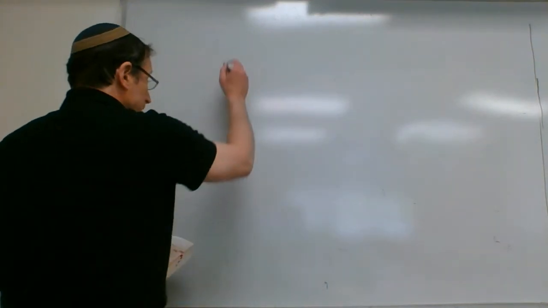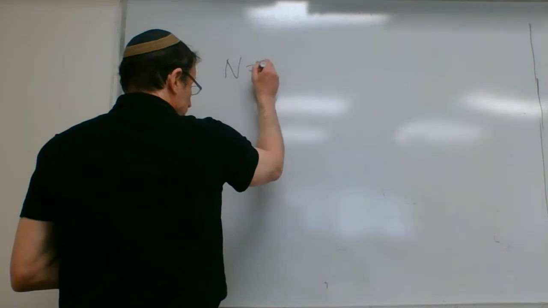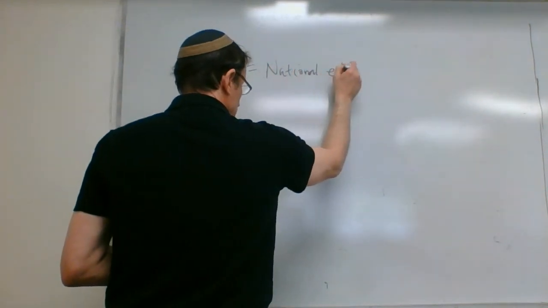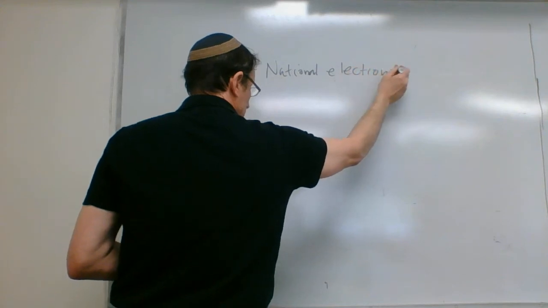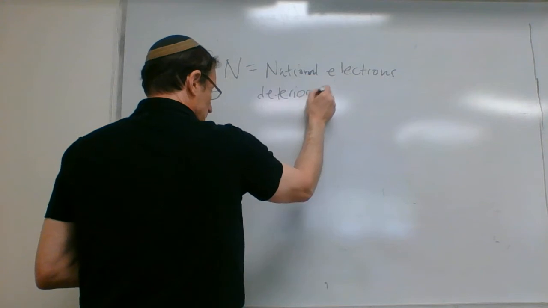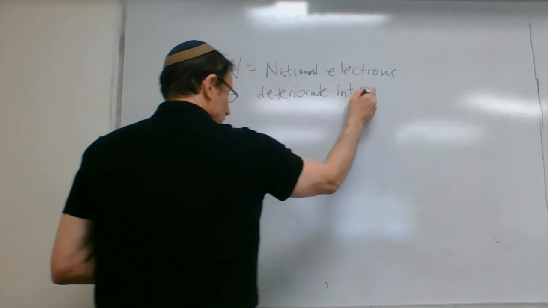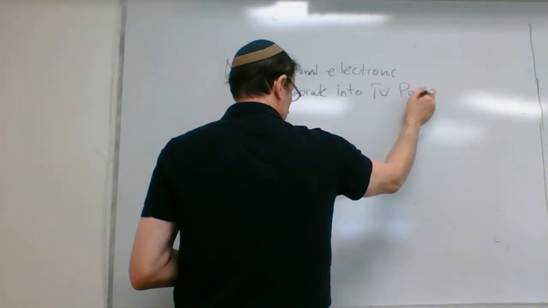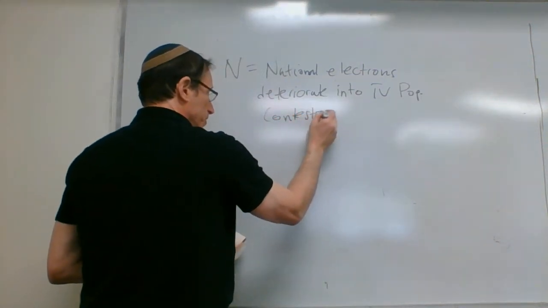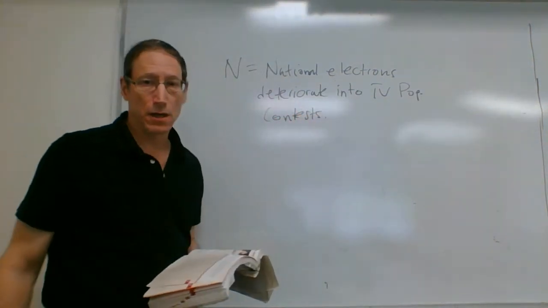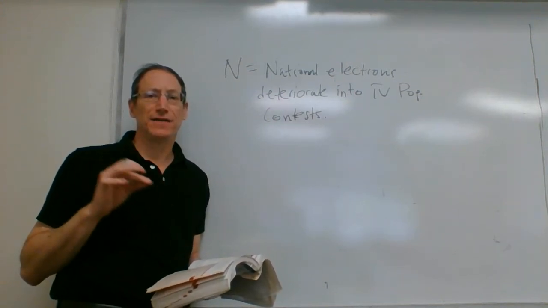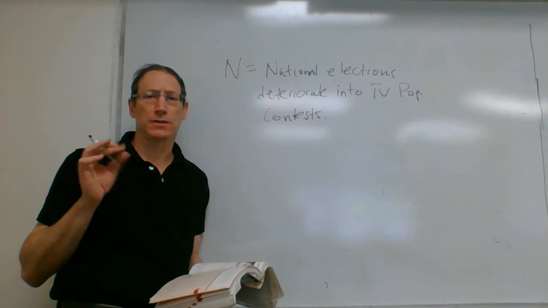So I'm going to let N stand for national elections deteriorate into TV popularity contests. Remember, when you're identifying a simple component, you want to take out any ifs, ands, nots, buts.